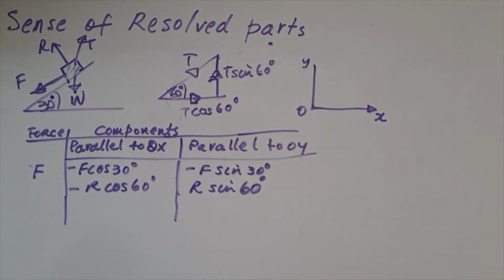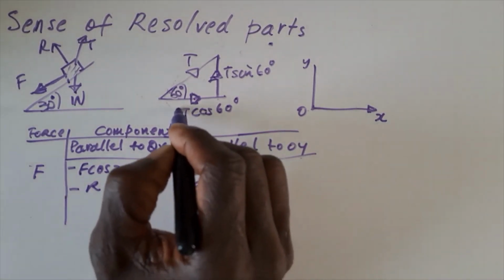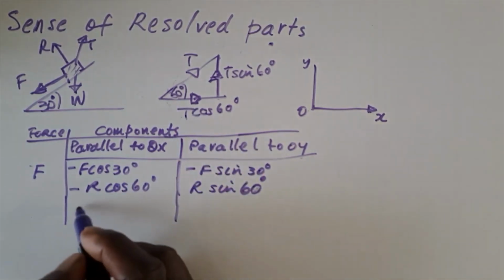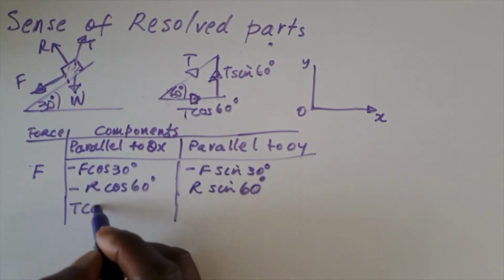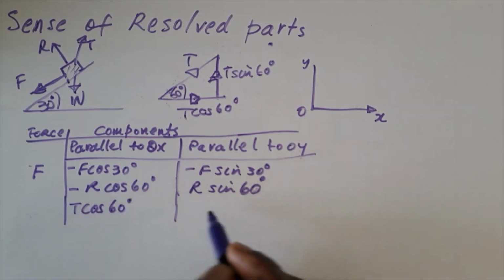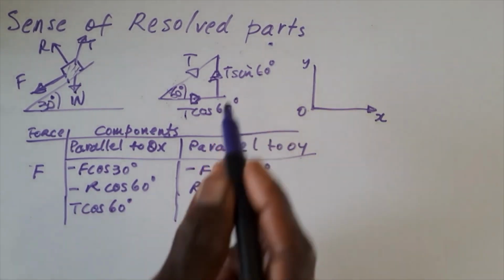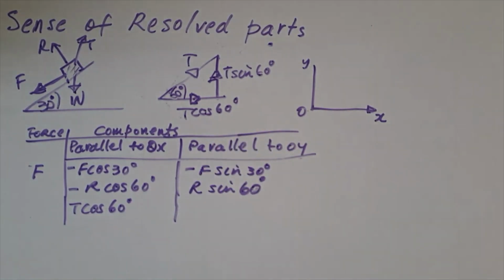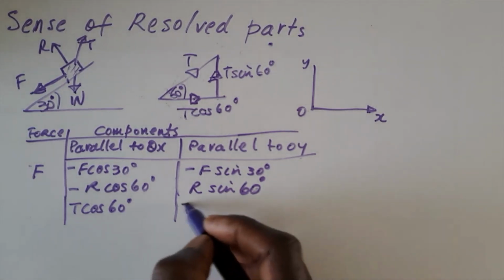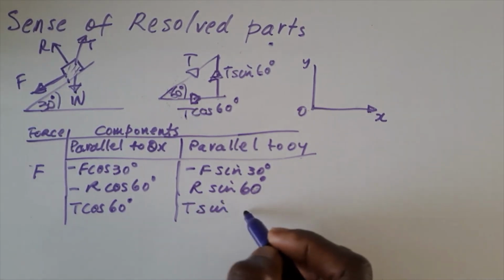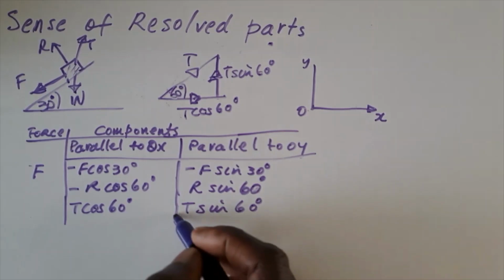So let's start with T cosine 60, which is parallel to OX and in the same direction, so it's positive: T cosine 60 degrees. And likewise, T sine 60 is parallel to OY and in the same direction, so it's T sine 60 degrees.